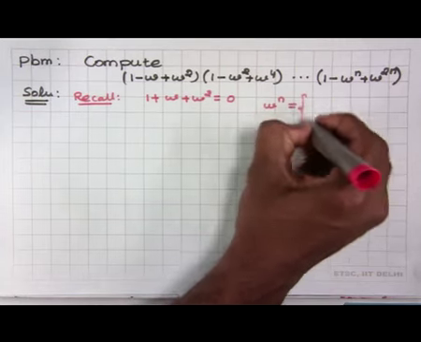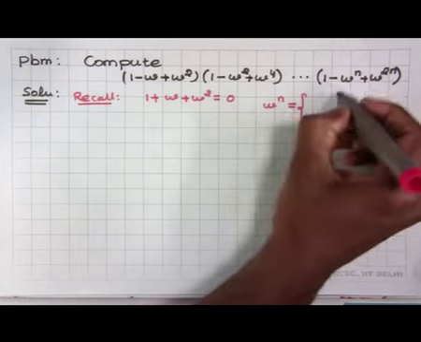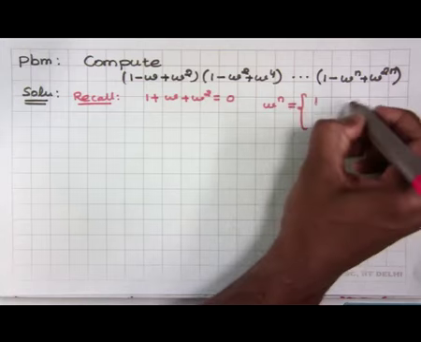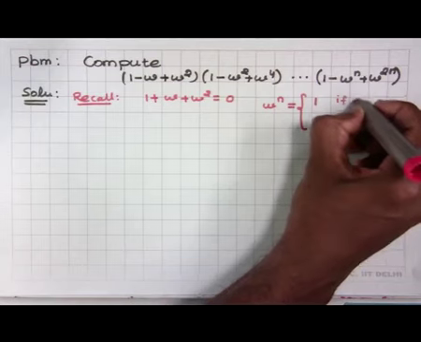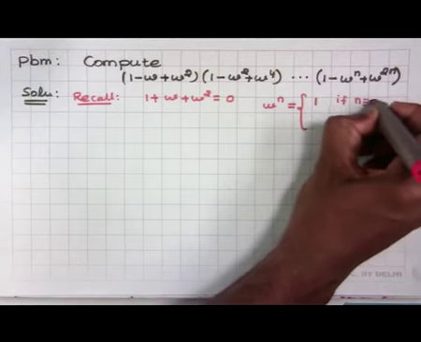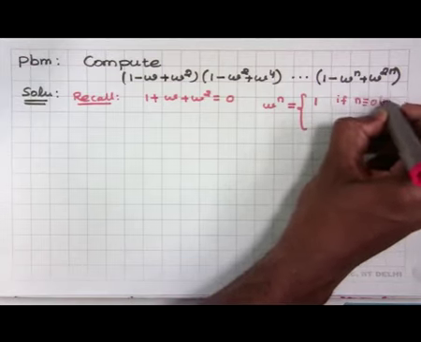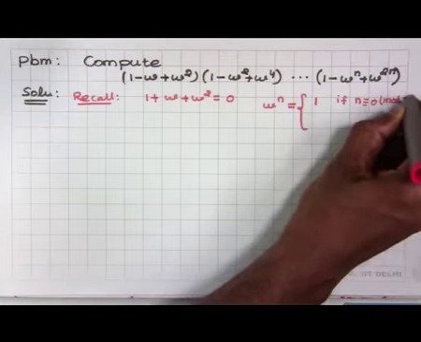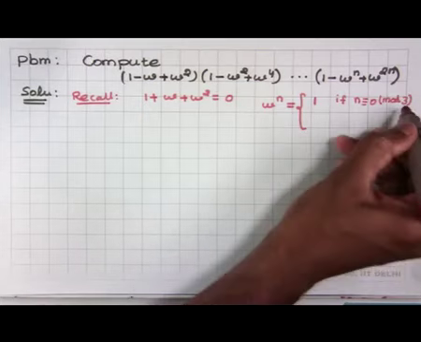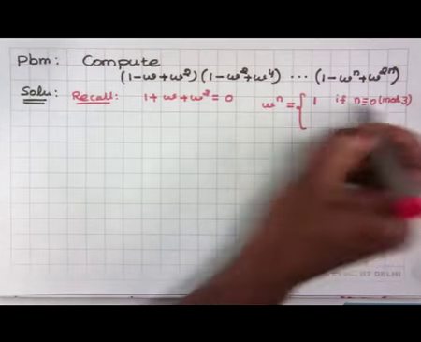In general we can write omega power n as 1 if n is a multiple of 3. So, which means if I divide n by 3 and the remainder is 0, then the value is 1.